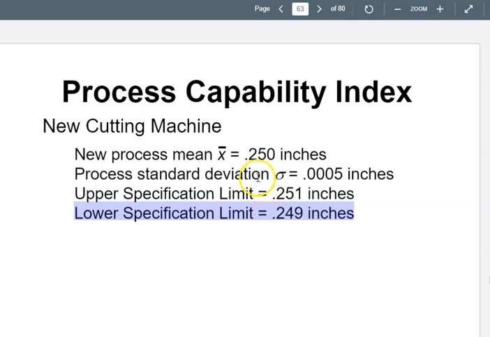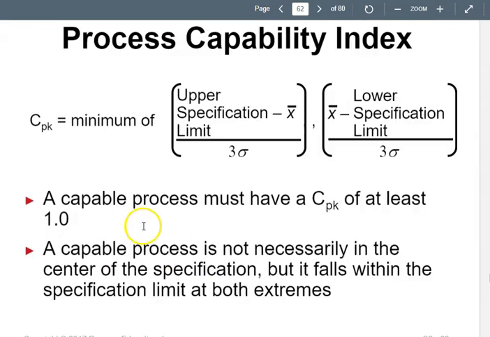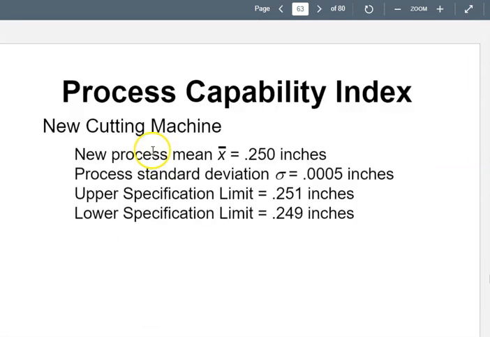So what we need to do, we calculate both values and take the minimum as Cpk. One is the upper minus the average. The other one is the average minus the lower value. And I think in this case they're the same, right? 0.251 minus 0.250 is 1/1000th.